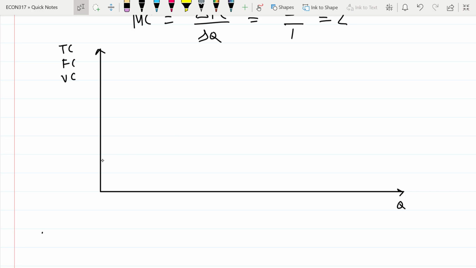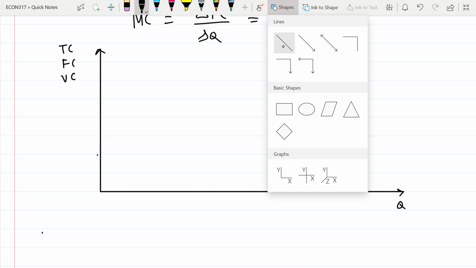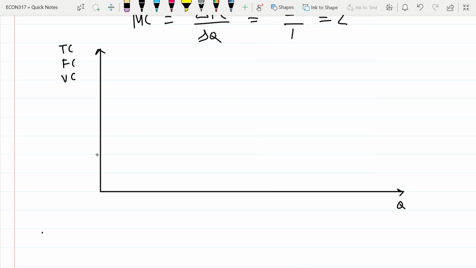Remember, the fixed cost is a horizontal straight line at the value 10, so that's my fixed cost.